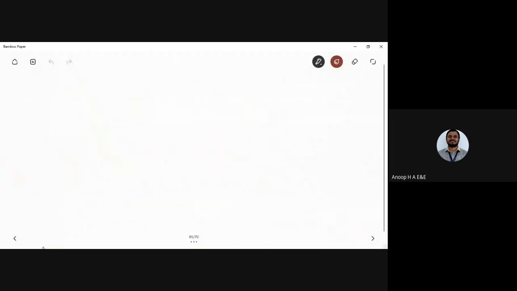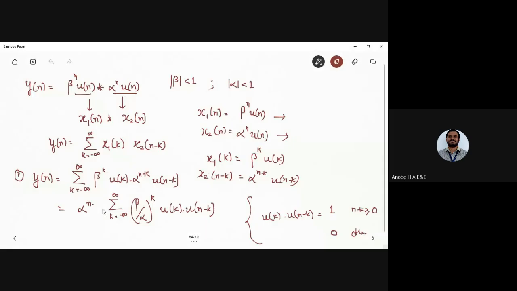So I can write it in such a way that I have n minus k here. In the same way, n is greater than or equal to k, or k is less than or equal to n.